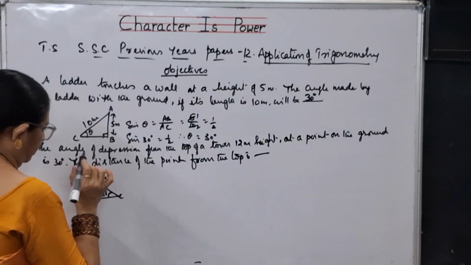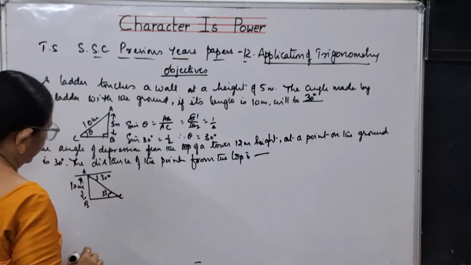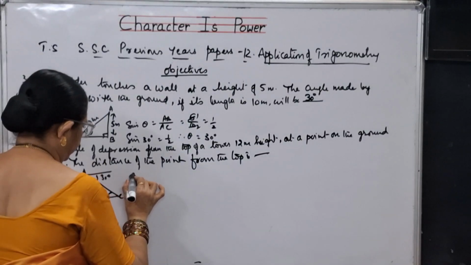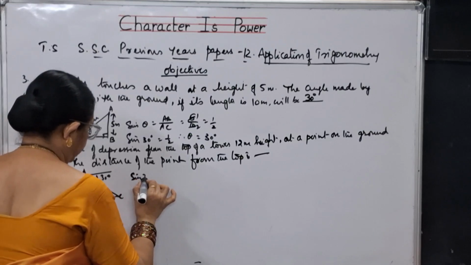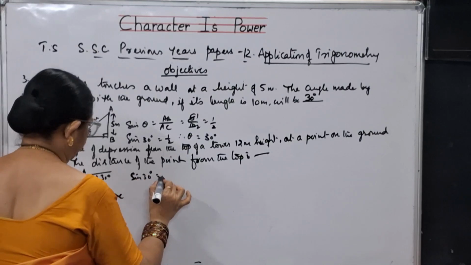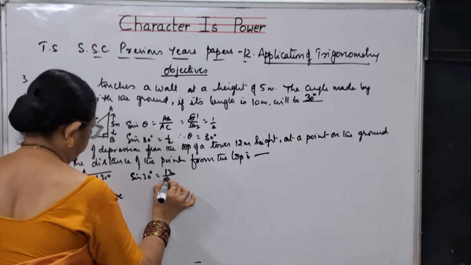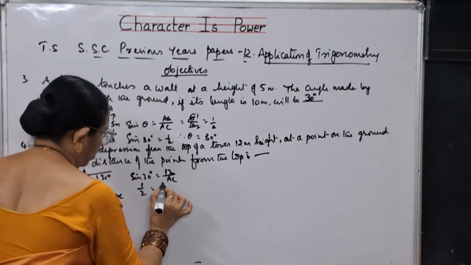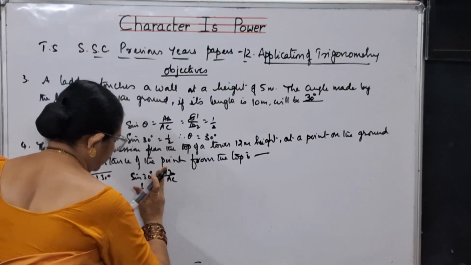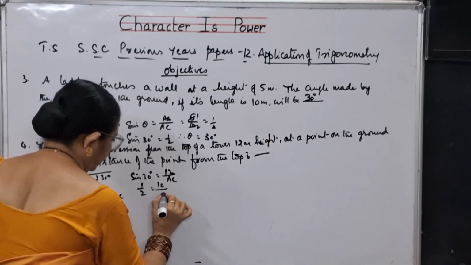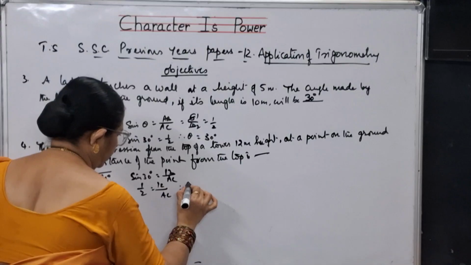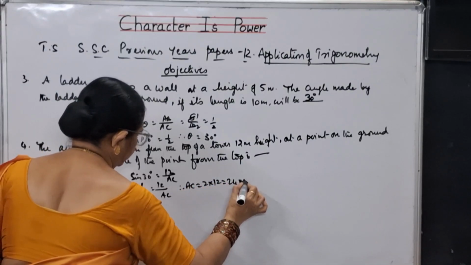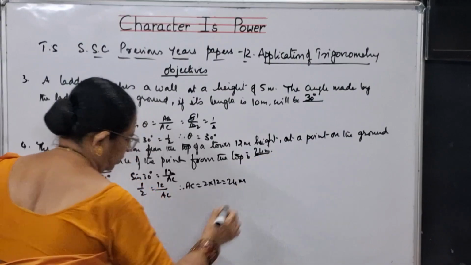This is the opposite side, and this is sine 30 degrees. Sine 30 degrees is equal to opposite side, that is 12 by AC. Sine 30 is 1 by 2 is equal to 12 by AC. So AC is equal to 2 into 12, 24 meters. So the answer is 24 meters.